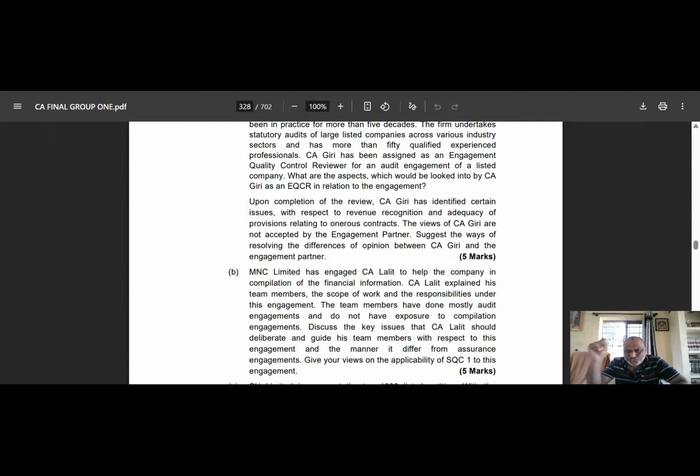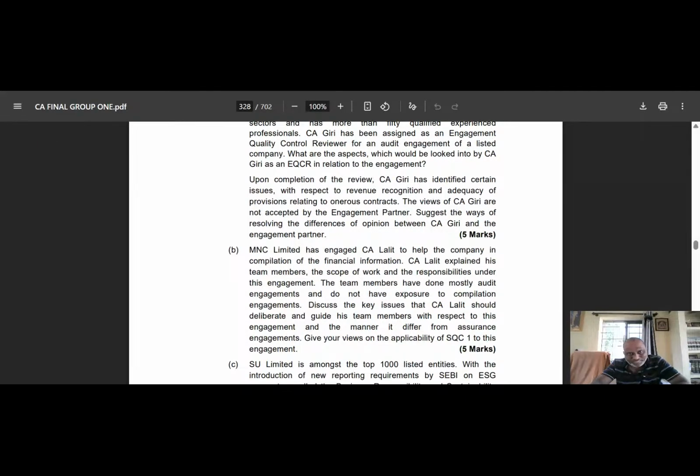Discuss the key issues that CA Lalit should deliberate and guide his team members with respect to this engagement and the manner it differs from assurance engagement. Give your view on the applicability of SQC1 to this engagement.